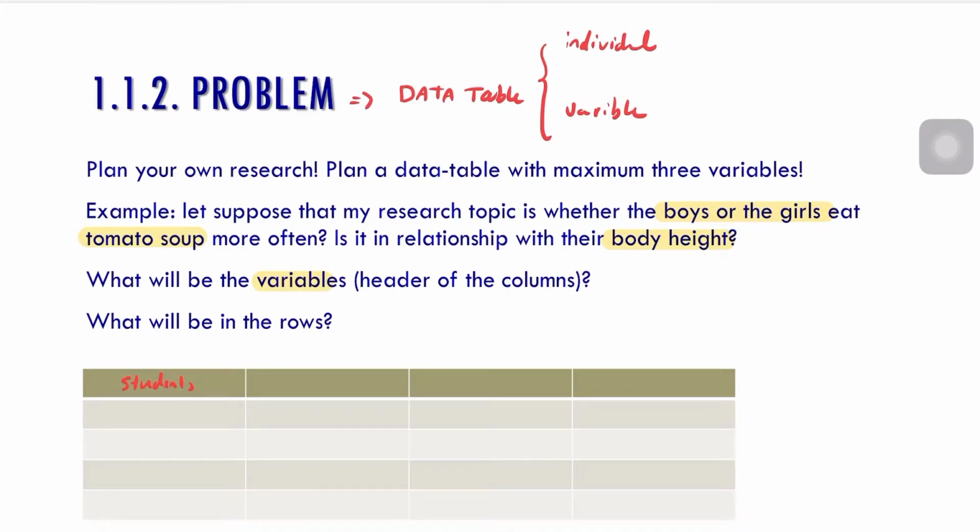Here we can write gender, or we can write height, and for student we can have a number or the name, and we can make a table like this for this case.